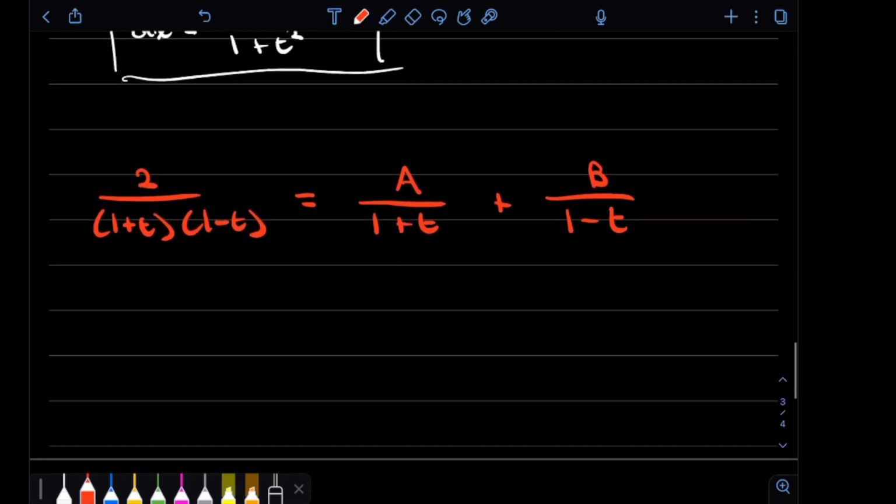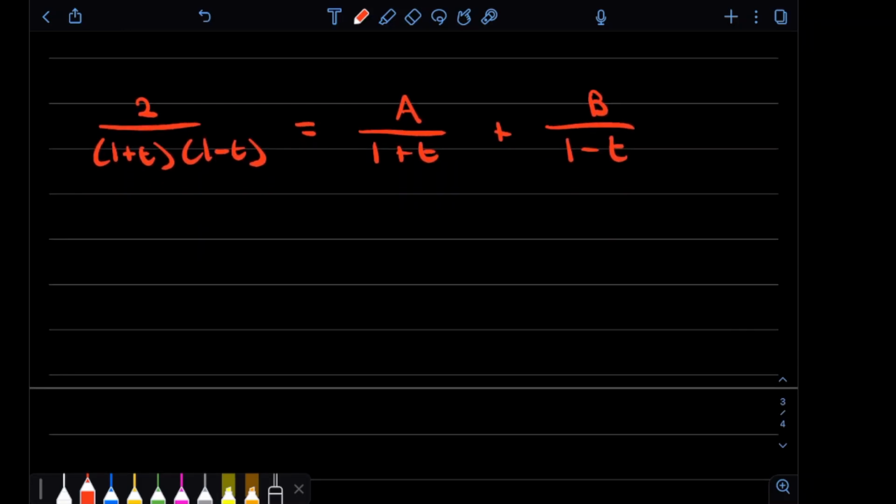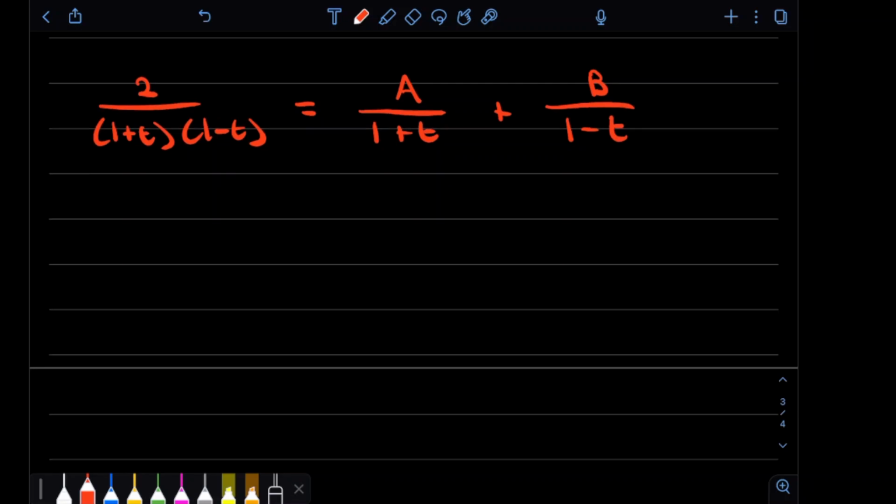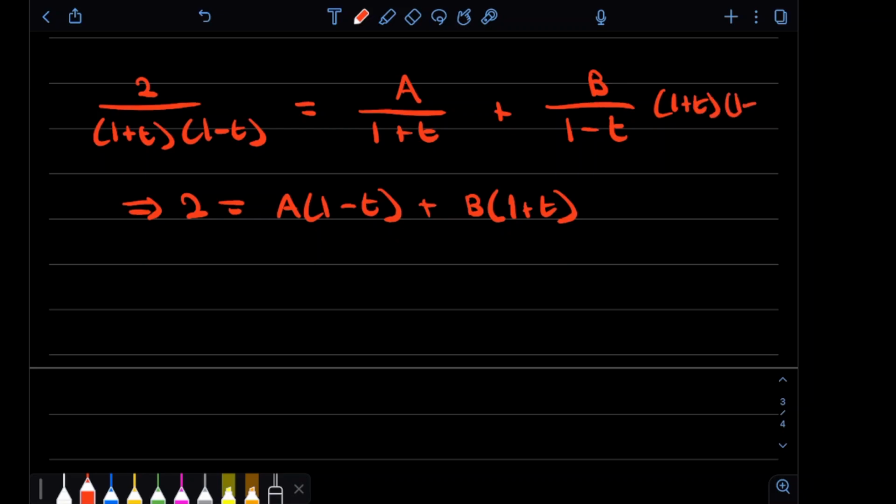And instead of using the whole cover-up method, I think I'm just going to set up a system of linear equations, because that always seems like the safer option for me. So this would imply that 2 equals A times (1 minus t) plus B times (1 plus t). I did that by multiplying both sides by 1 plus t times 1 minus t.